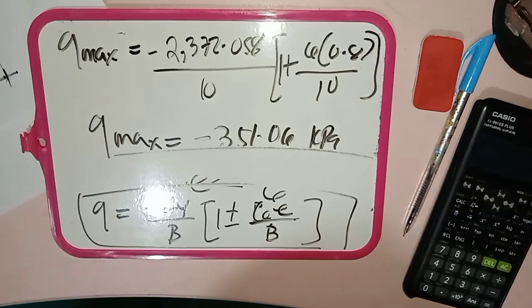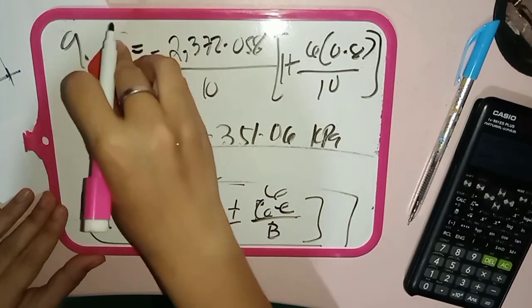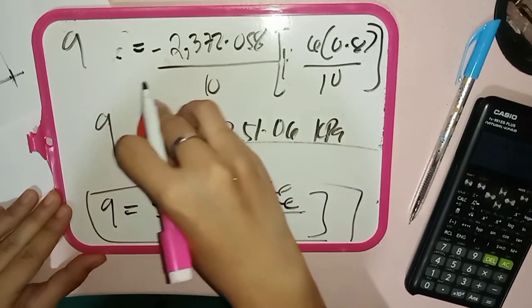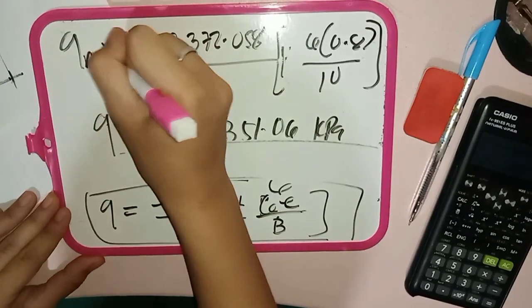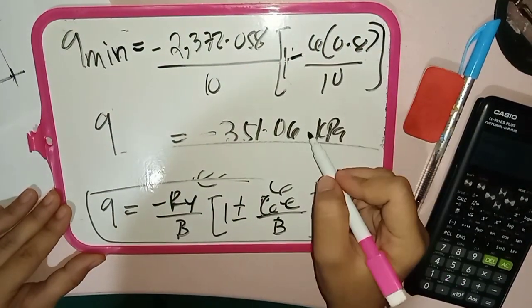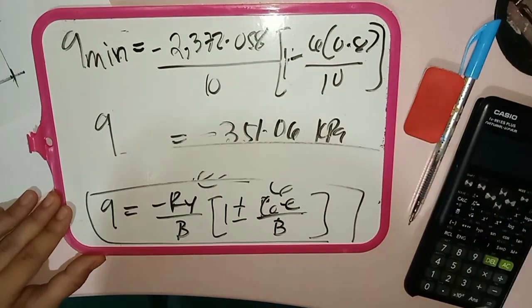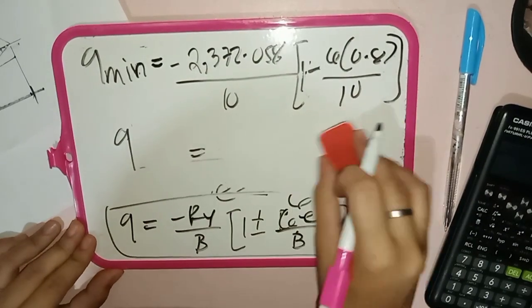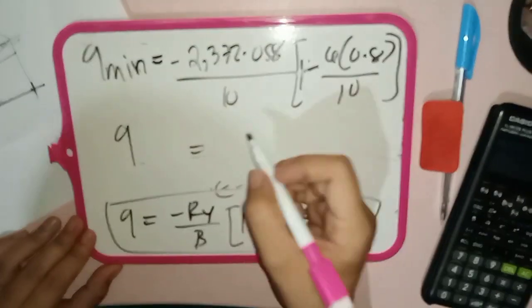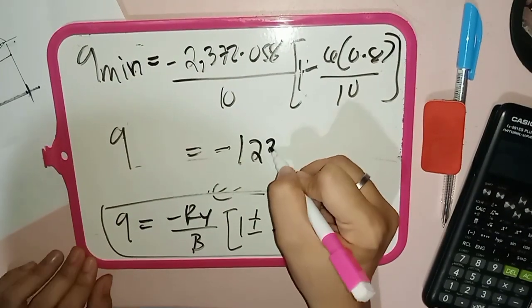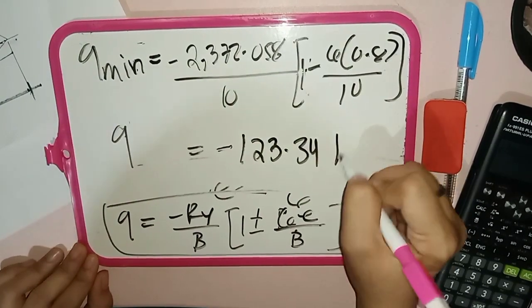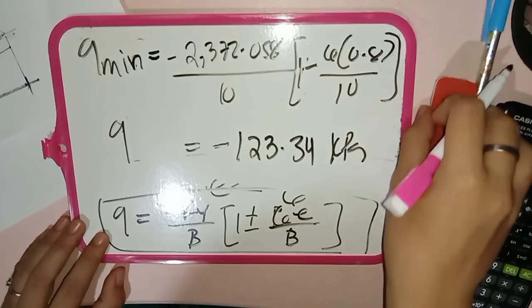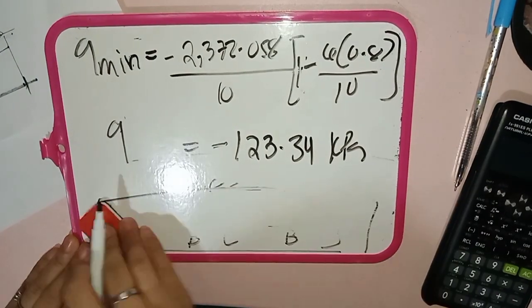For the Qmin, we just list it; it is the minus sign here. The answer will be negative 123.34 kPa. So that is the answer to problem number 2.